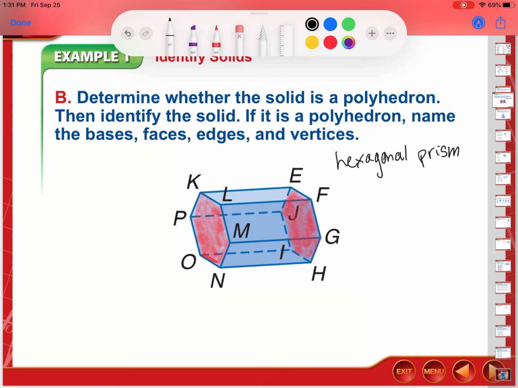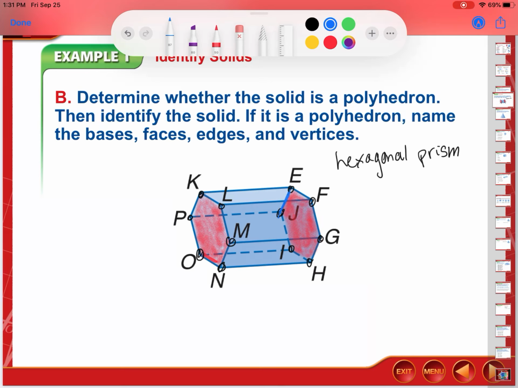Now we have to name the bases, faces, edges, and vertices. So my vertices are going to be all these little black dots. So K, P, O, N, M, L, I, H, G, F, E, and J. Then all my edges are going to be these blue lines.